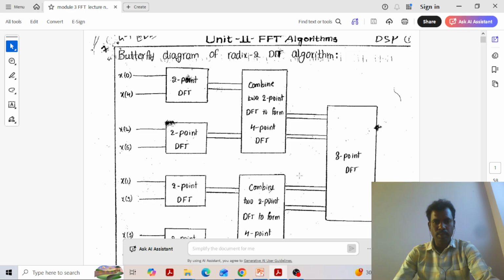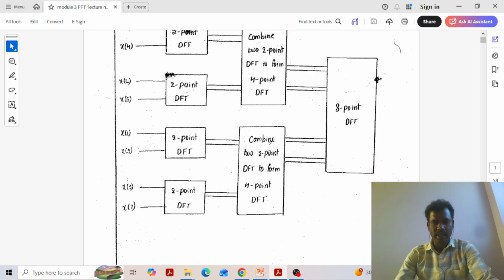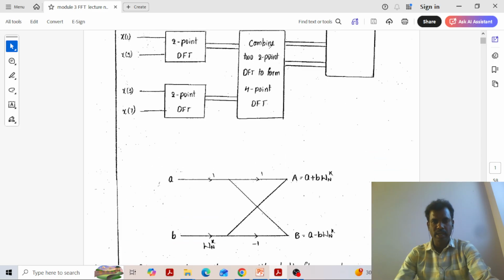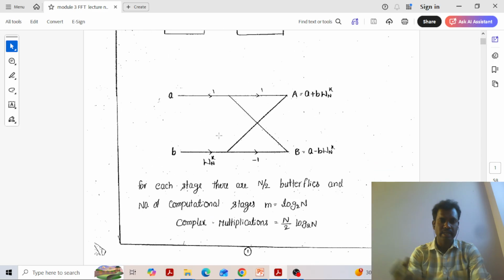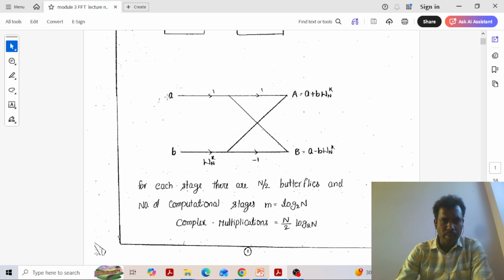So this is the process of the divide and conquer approach. Now let us see the individual 2-point DFT, 4-point DFT and 8-point DFT. This is the basic butterfly diagram, the 2-point DFT. We apply one sample here and another sample here.